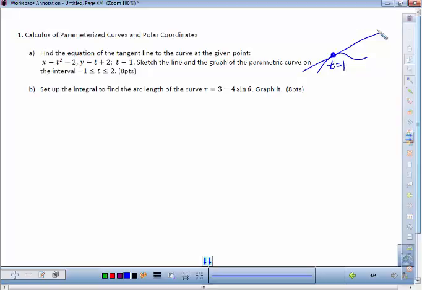The slope m is dy dx, so dy dx is equal to dy dt divided by dx dt. And then to find the slope, you just get this thing evaluated when t is equal to 1.